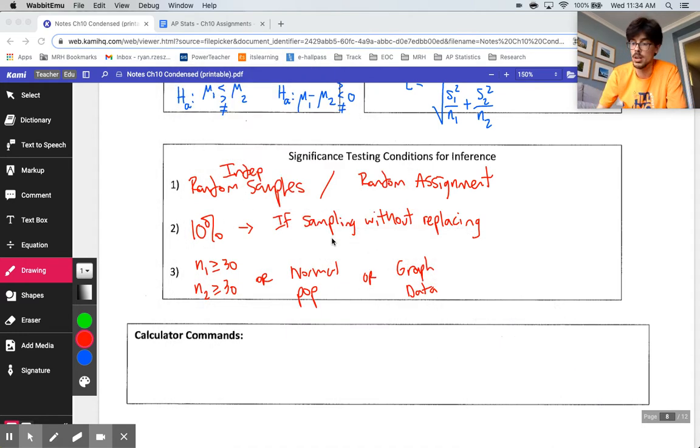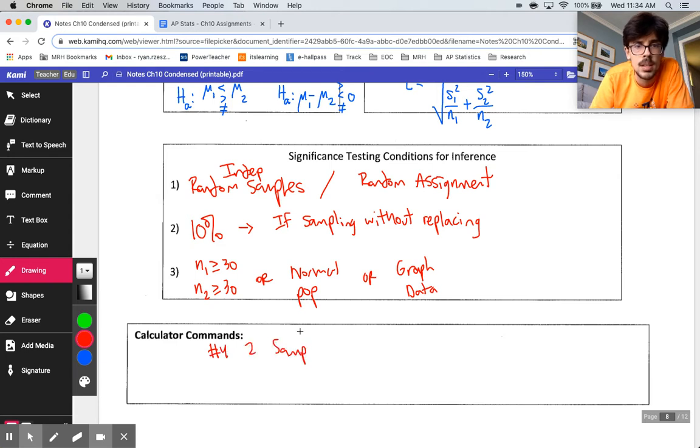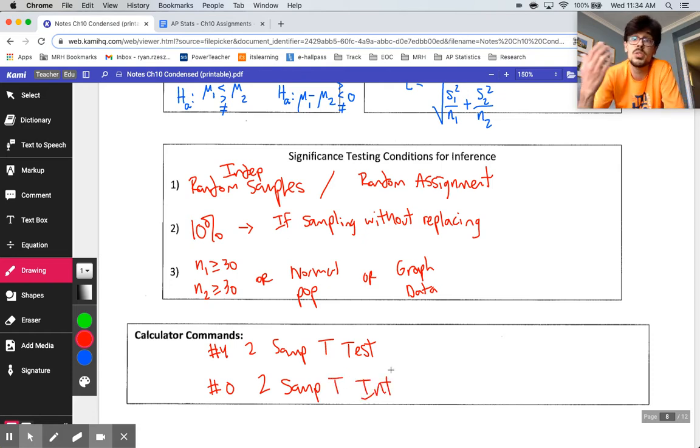And those are going to be our two choices. So that was going to be number 4, two sample t-test, or number 0, two sample t-interval. And then you just choose the appropriate option.